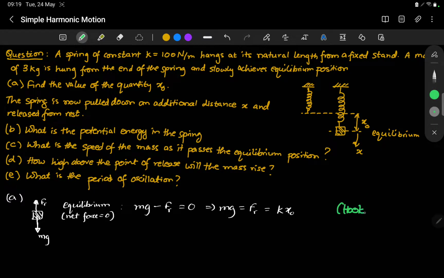Hooke's law says that restoring force is minus k times the displacement. So this negative sign basically says that the restoring force acts in a direction opposite to that of displacement, and that we have taken care of by drawing this vector in the opposite sign to the displacement.